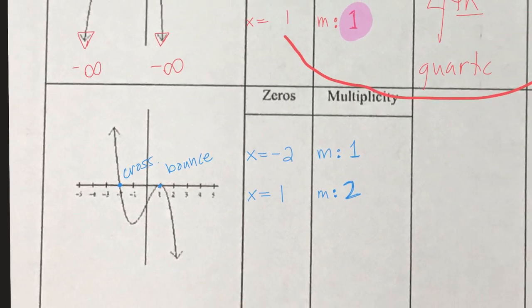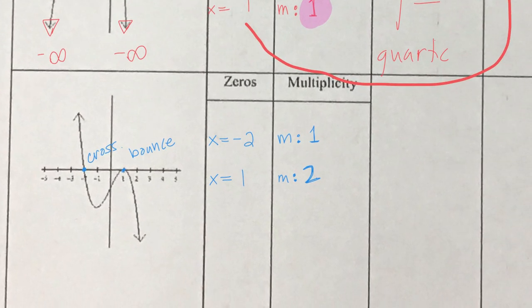So if I have a multiplicity of 1 and a multiplicity of 2, that means this is a third degree polynomial, because 2 plus 1 equals 3. The degree of your polynomial is always the sum of your multiplicities, which means this is an odd polynomial, right? 3 is an odd number, so this is an odd polynomial.